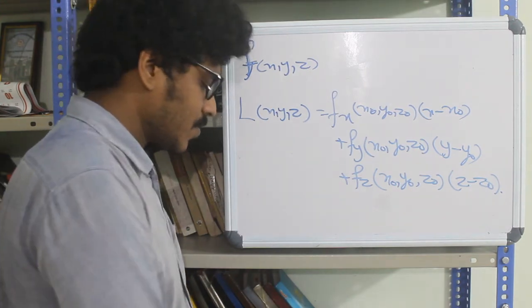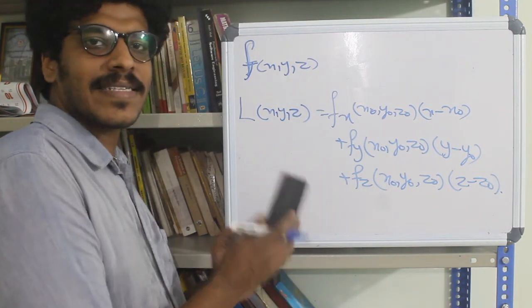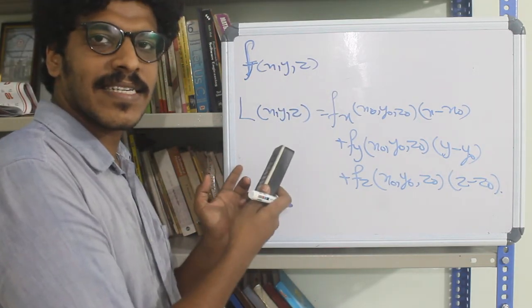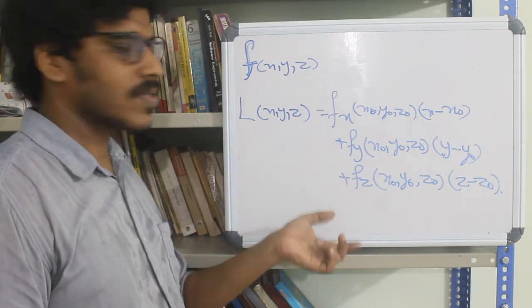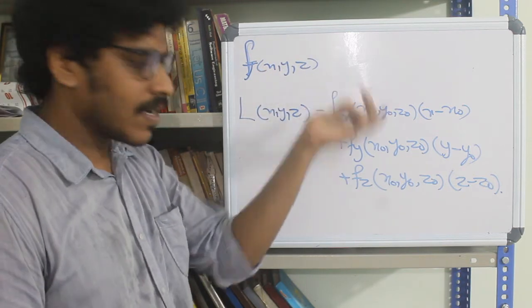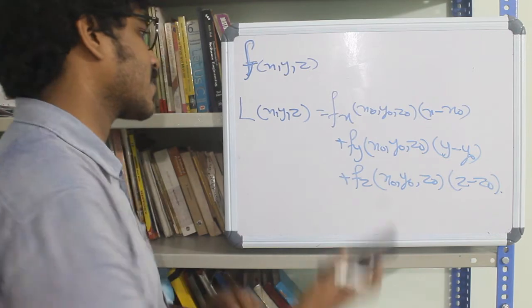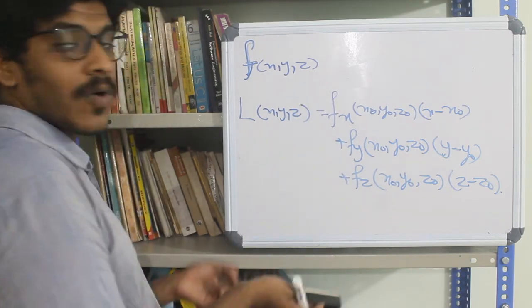Right. So in the same fashion, we can extend the definition and expression for linearization to any number of variables. So what happens if we have another variable? There will be another term included here. Right. That's perfect.